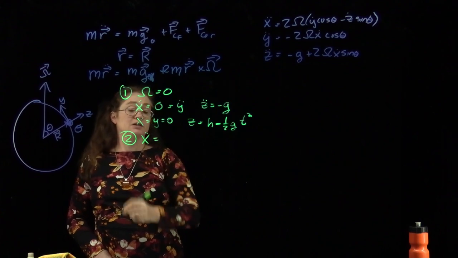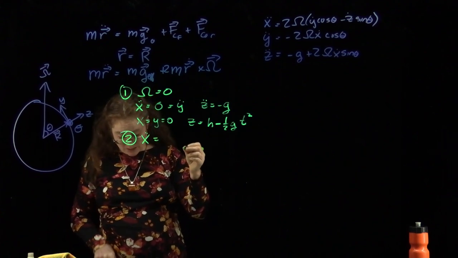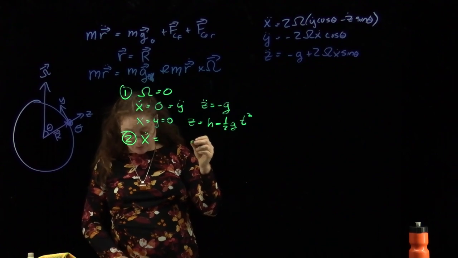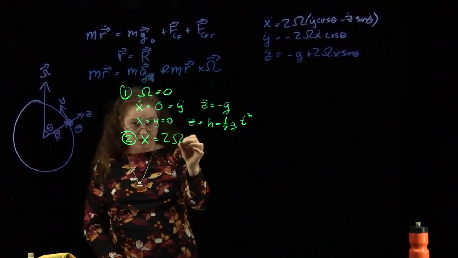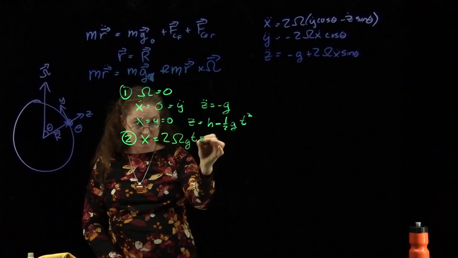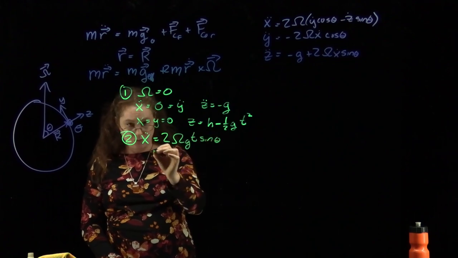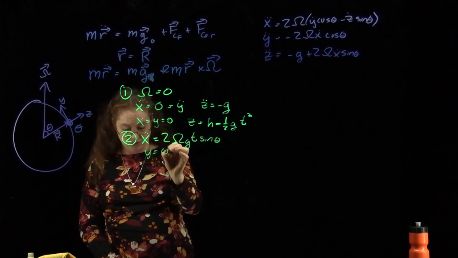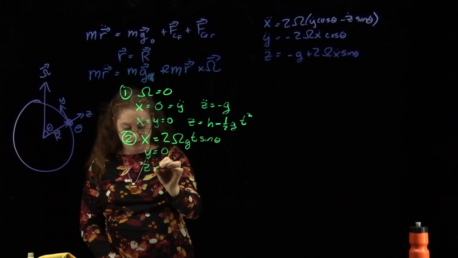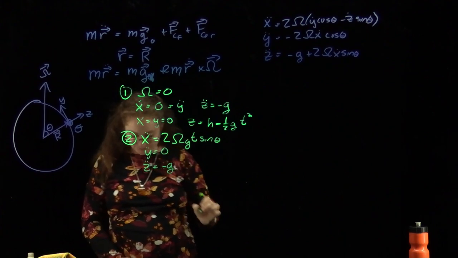X double dot then is equal to 2 omega g t sine theta. Y double dot is equal to 0. Z double dot is equal to negative g.